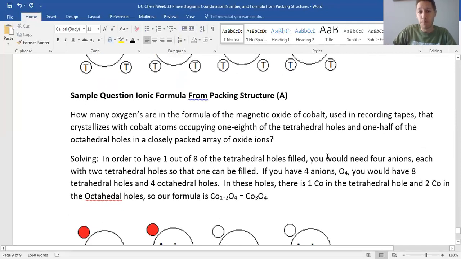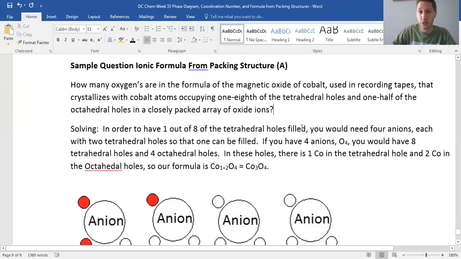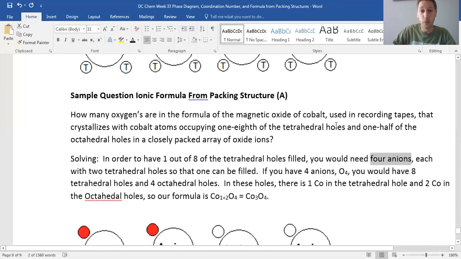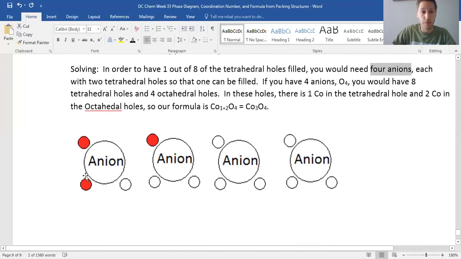The way to figure this out is, in order to have 8 tetrahedral holes, because we're having 1/8 of them, we have to have 4 anions. If you had 4 anions, you'd have 1, 2, 3, 4, 5, 6, 7, 8 tetrahedral holes. And we're told that 1/8 of those are filled in. So out of those, I put the tetrahedral holes on the bottom, and we have 1 filled in.